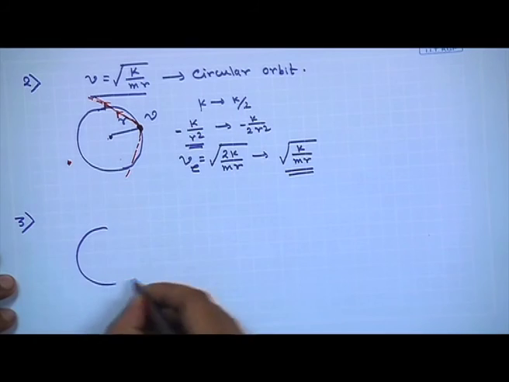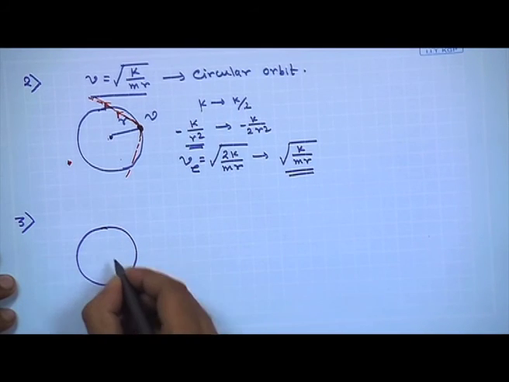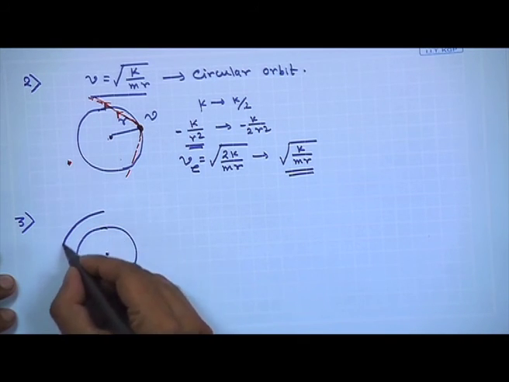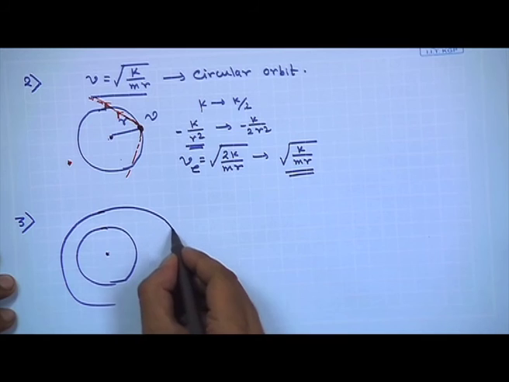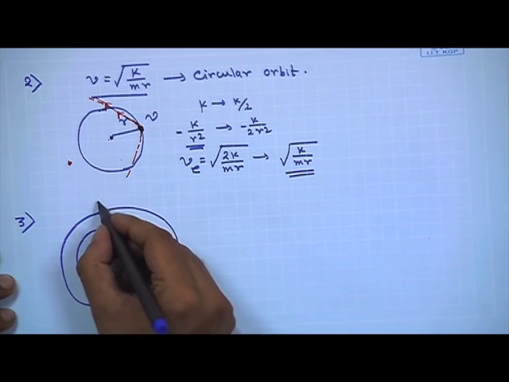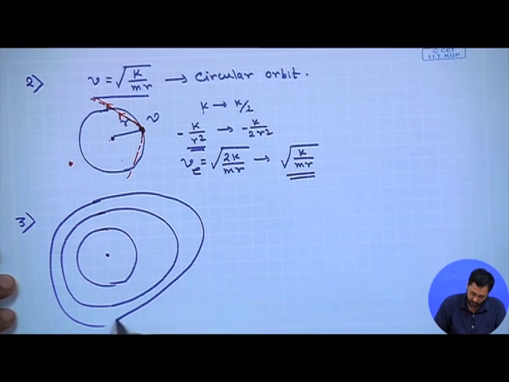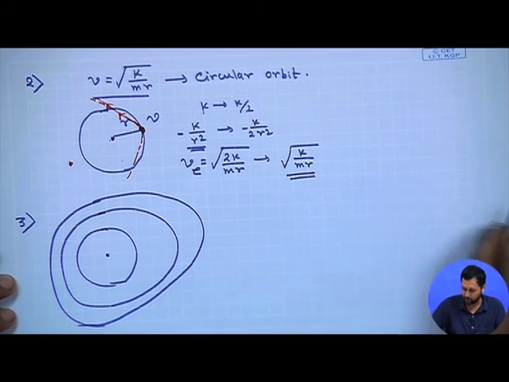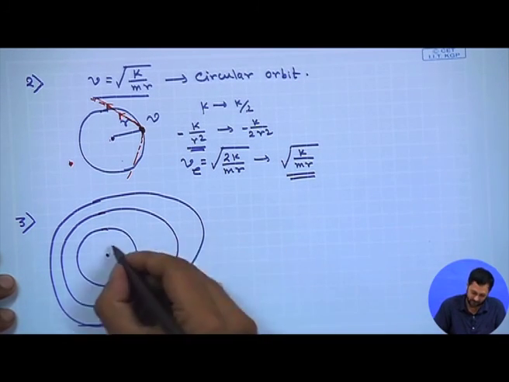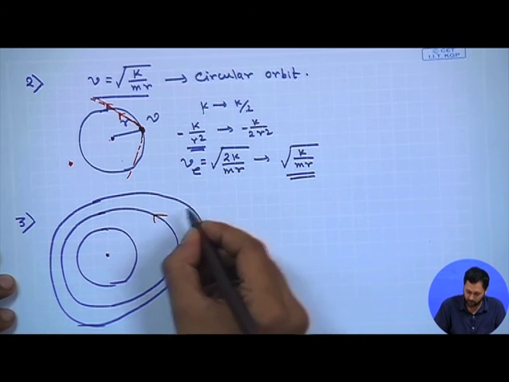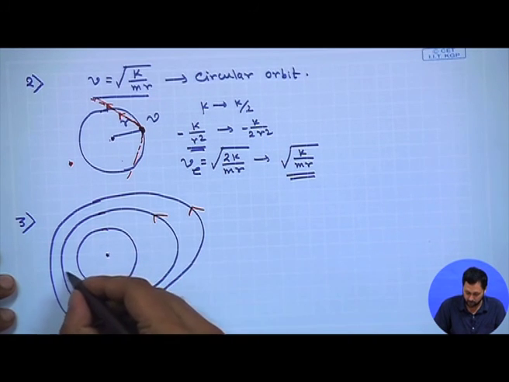Remember, in Kepler's law, if this is your force center and we have one elliptical orbit and another elliptical orbit, the foci need not be on the same plane, I just draw it like this. So, this is one elliptical orbit, then another elliptical orbit.